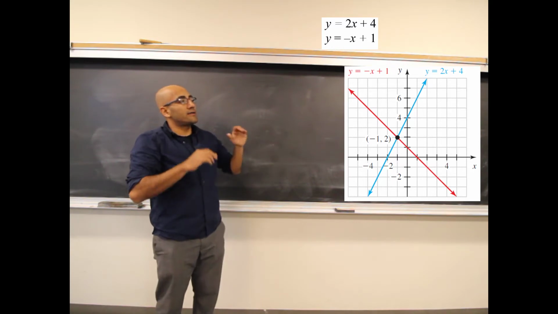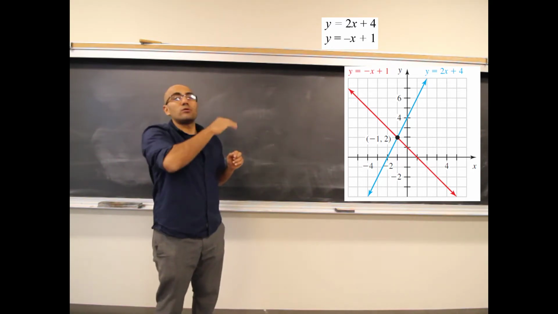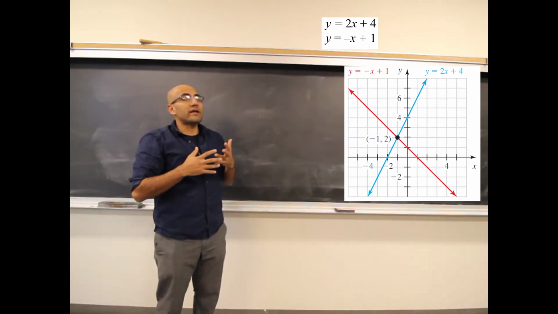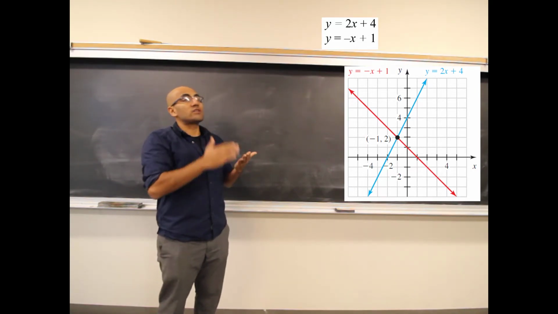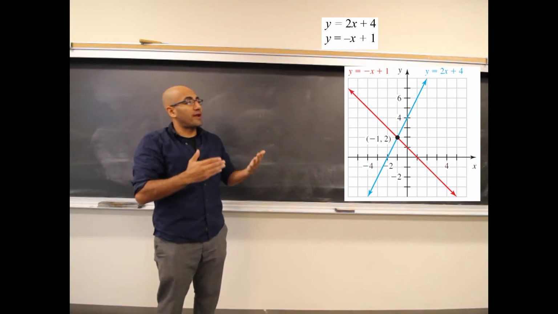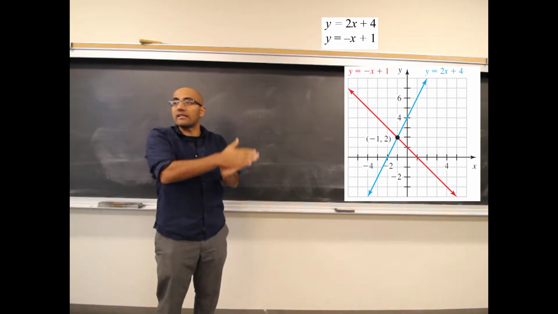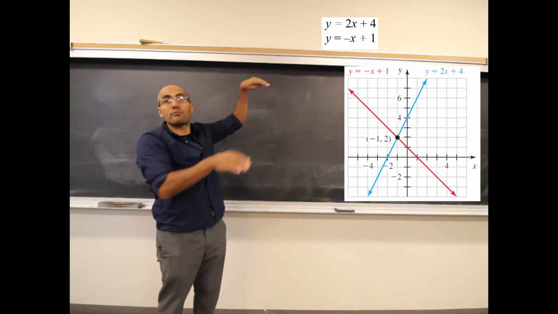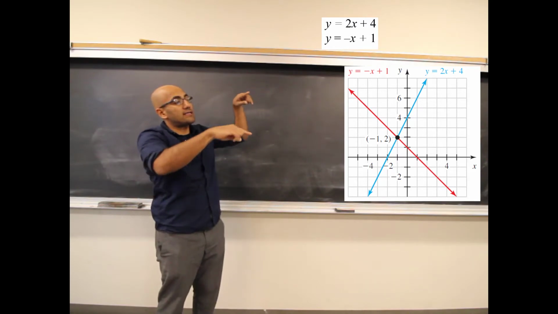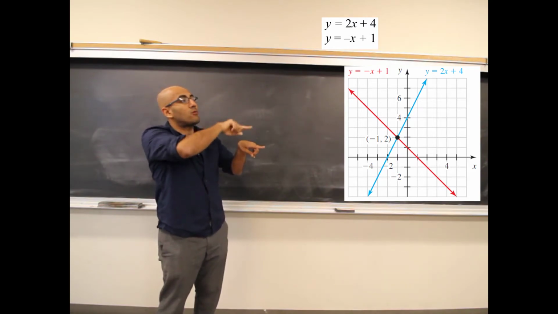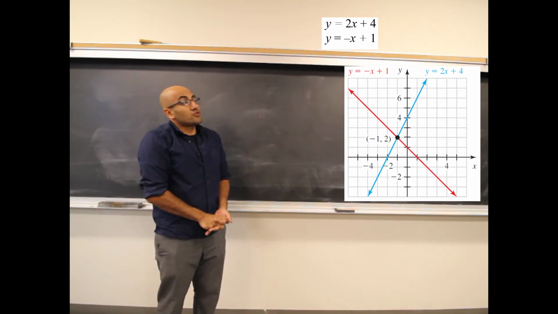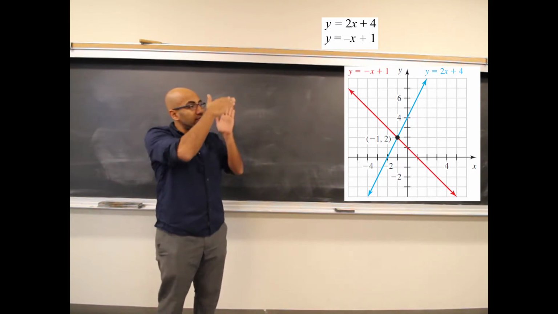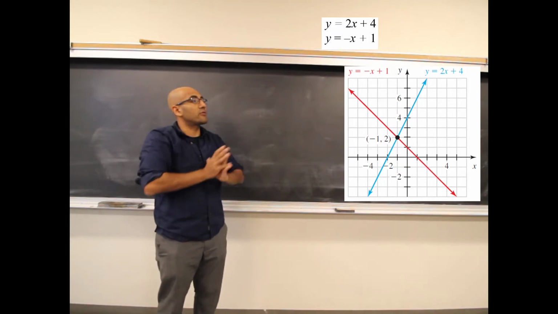Now keep in mind that the lines, the blue line and the red line, sometimes it's useful to think of them as just a bunch of ordered pairs, a bunch of dots. There are so many ordered pairs, in fact, that it looks like a solid line, but really it's just an infinite number of dots, where every dot is an ordered pair of an x, y that makes that equation true, right? That's another way to think about it.